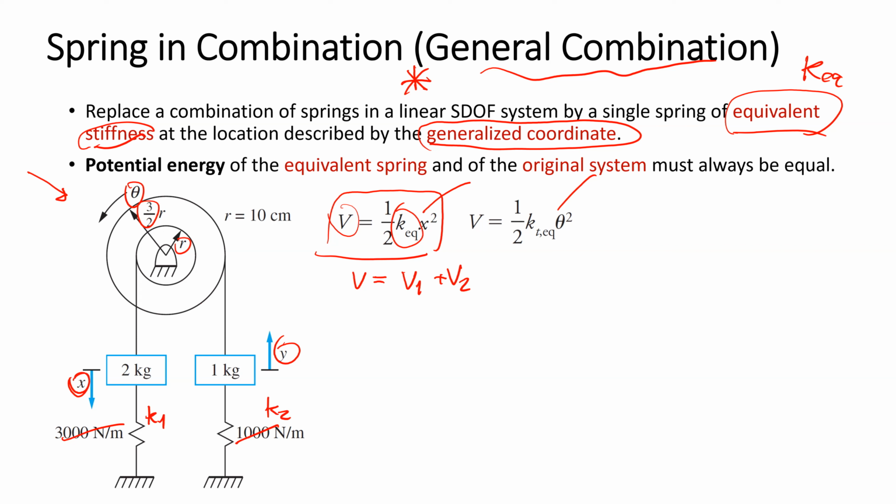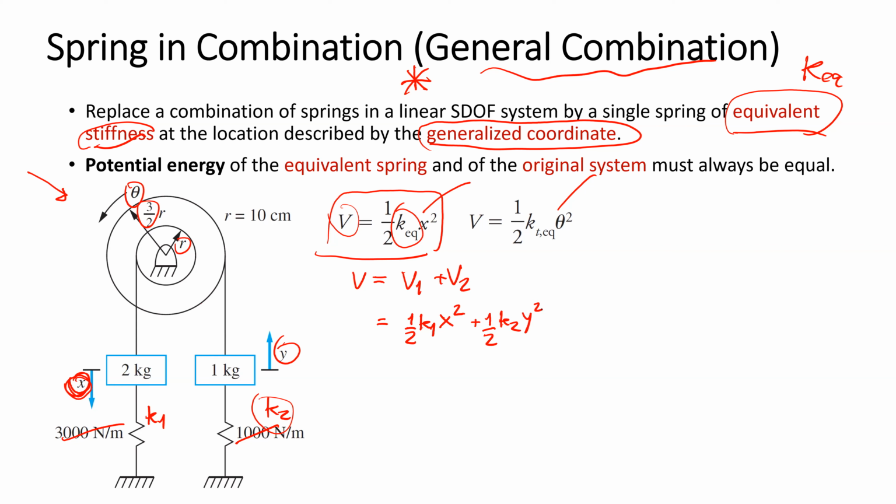The potential energy of the first spring, when it deforms with x, will equal 1/2 K1 x squared. The potential energy of the spring K2 will equal 1/2 K2 y squared.